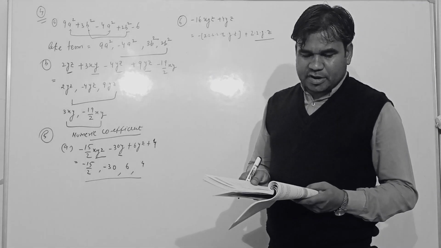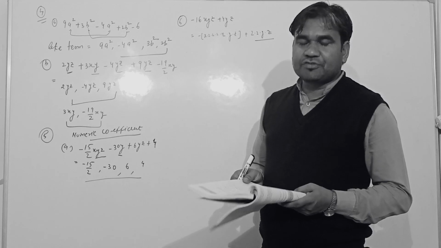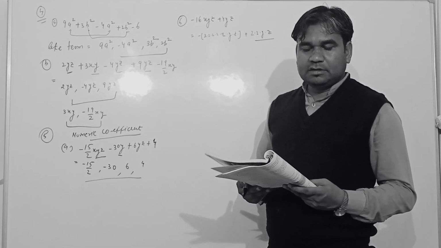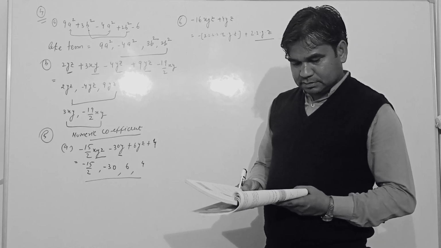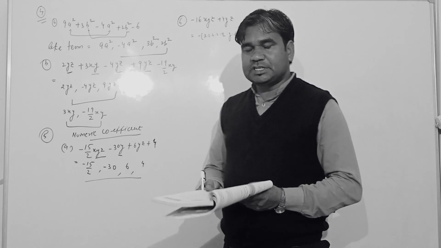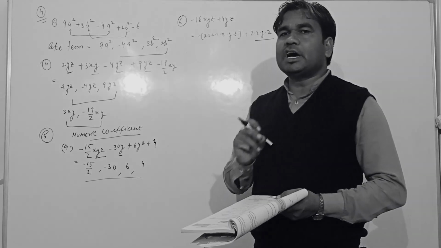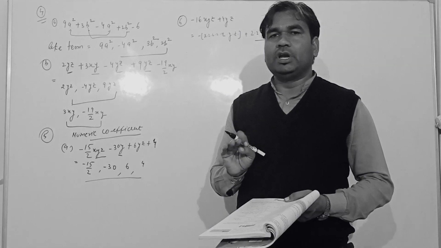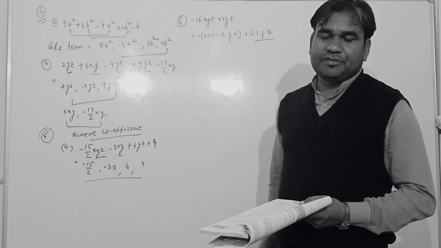And question number 7, write the coefficient of y square. I have told you in the second question about the coefficient. Next, what is the degree of the term of the following expression? About degree, we take only the highest power in any given expression.